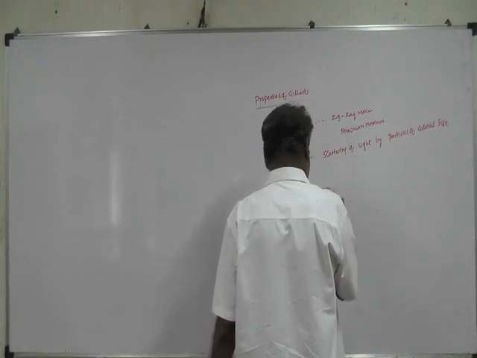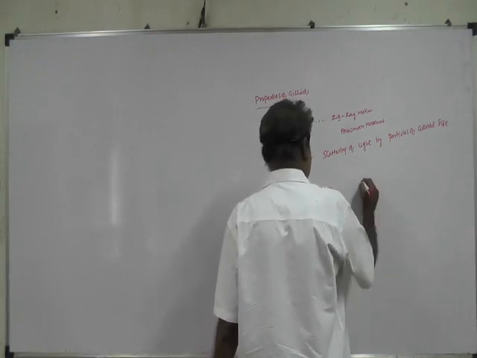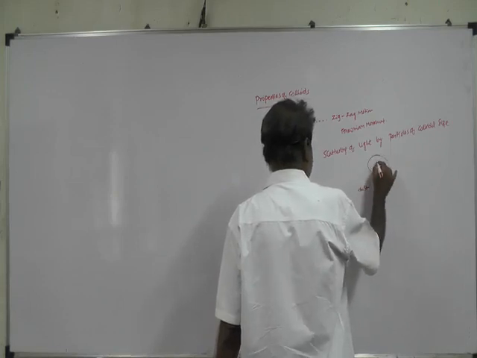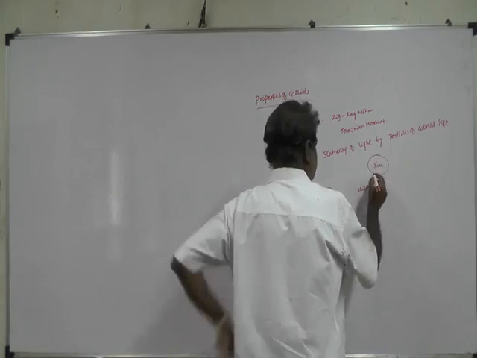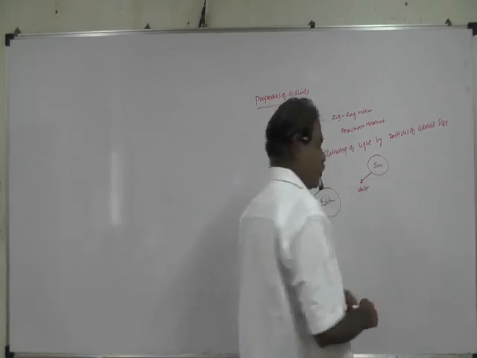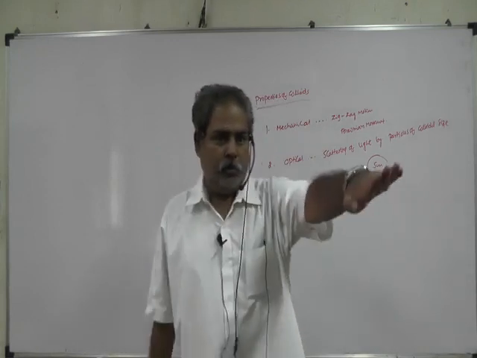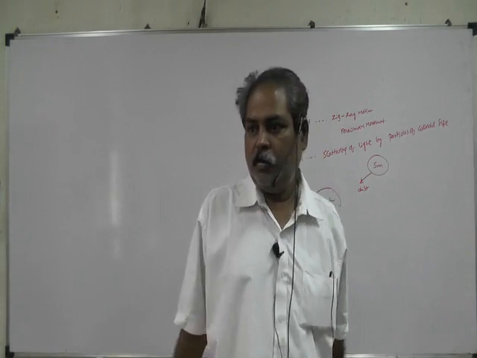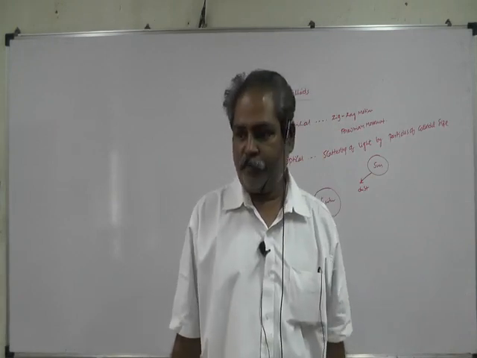Look here. Earth. Dust particles in air. Sun. When light falls, what happens? What do you mean by dispersion? All wavelengths separated.